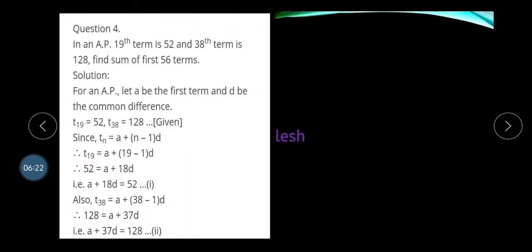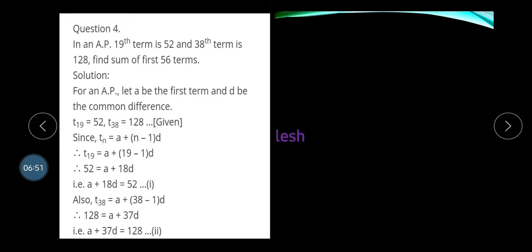Question number 4. In an AP, 19th term is 52 and 38th term is 128. Find the first 56 terms. Let's see. Solution. For an AP, let A be the first term and D be the common difference. Now here T19 is given as 52 and T38 is given as 128.